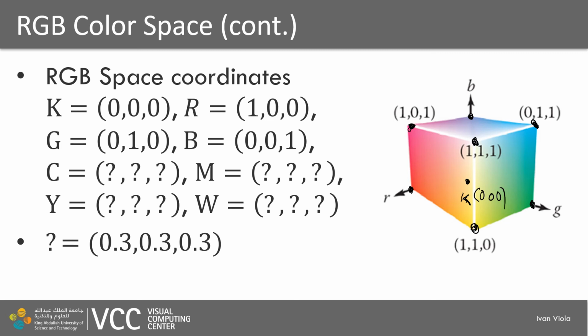Then this 0.3, 0.3, 0.3 will be placed on the diagonal somewhere here. And the diagonal between black and white is actually a grayscale line from black to white. So the 0.3, 0.3, 0.3 will be a darker representation of some shade of gray.